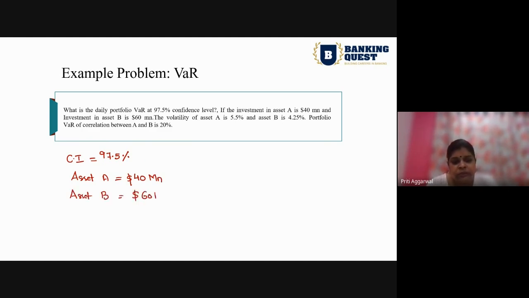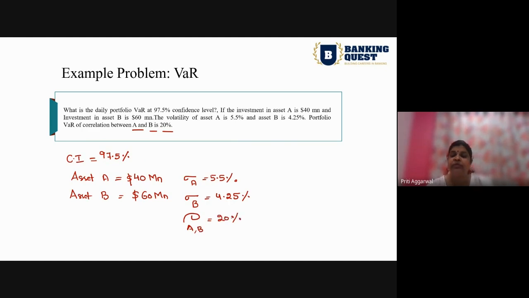Okay. The volatility of asset A is 5.5%. Volatility means nothing but your standard deviation. And volatility of B is 4.5%. Right? And the correlation coefficient of A and B is 20%.